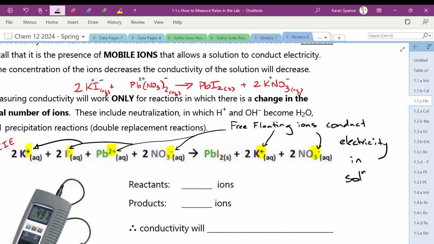The more ions you have, the better it conducts.